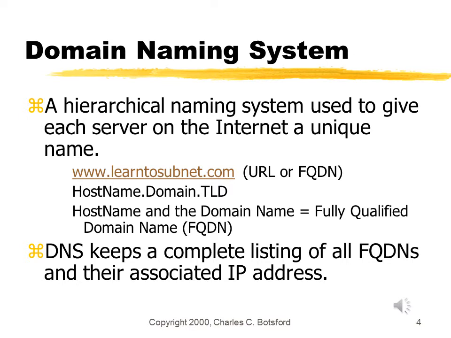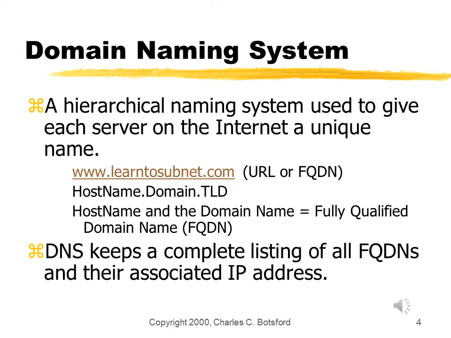The name on the farthest right, .com, is always the top level domain name. These names are determined by the internet, and these are the ones we're familiar with, such as .com, .net, .org, .us, and any of the other countries you may be familiar with. The name second from the right is always the individual organization or company's domain name that they've registered with the internet.